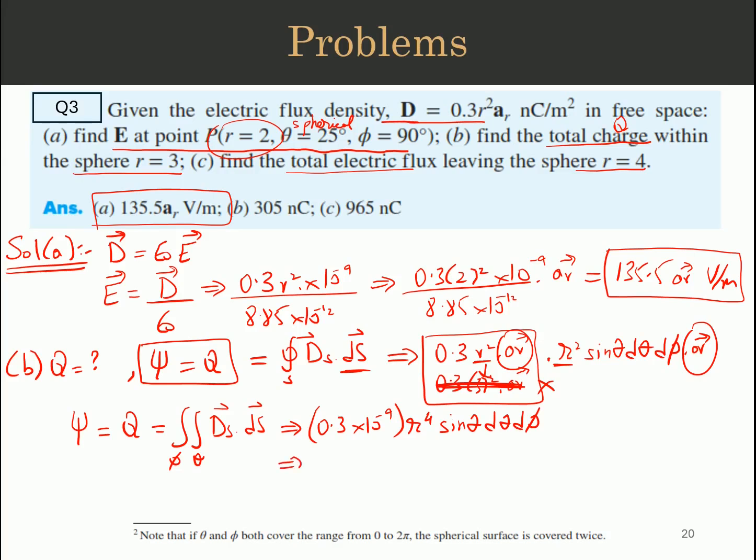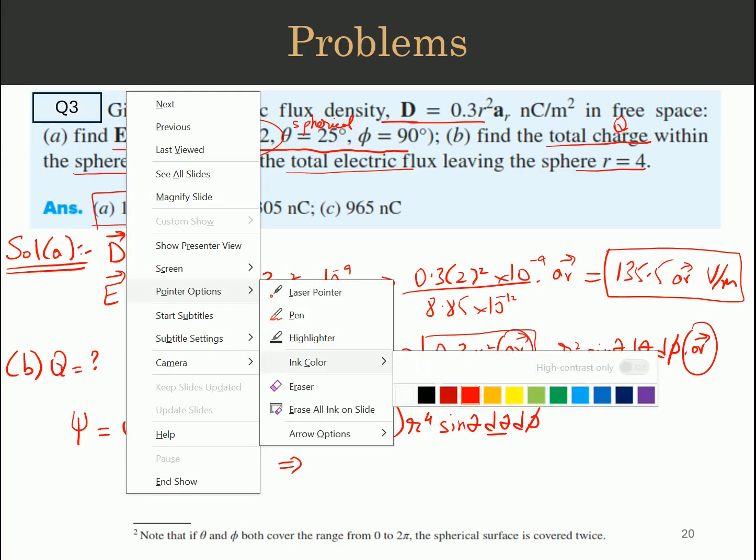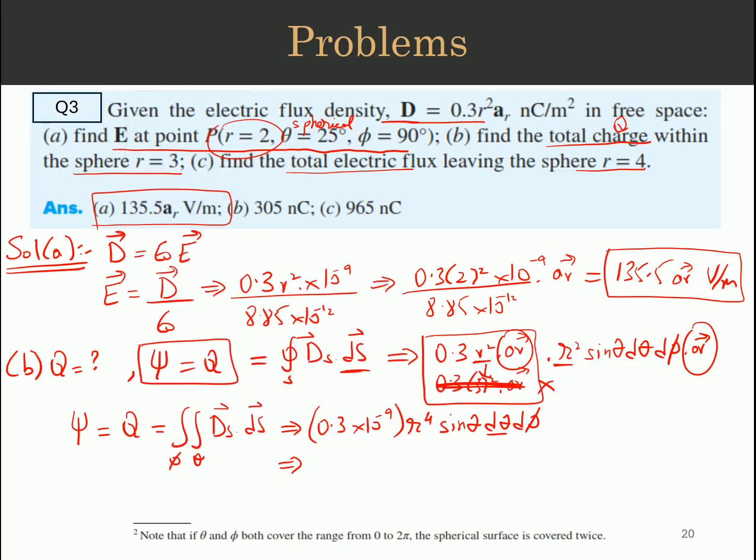Now it's simple integration, so I can first get rid of theta. No, let's go with phi. If I integrate from 0 to 2π dφ, it comes out to be 2π.